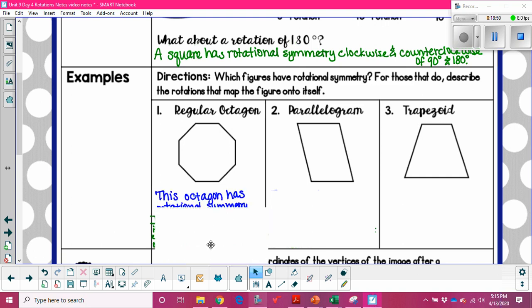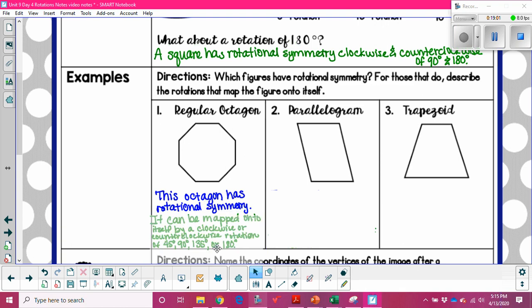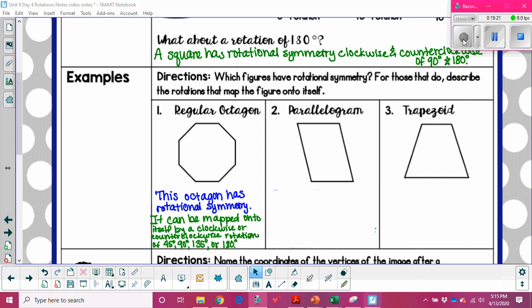Okay, so yes, this octagon does have rotational symmetry. If I turned it this way, it would have rotational symmetry, and if I turned it again, it would have it right here. It would look the same, and again here and again here. So it has rotational symmetry of 45 degrees, 90 degrees, 135 degrees, and 180 degrees. Now I want y'all to pause the video and answer numbers 2 and 3 for me.